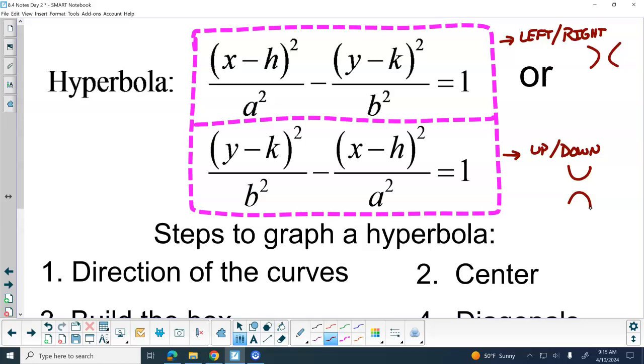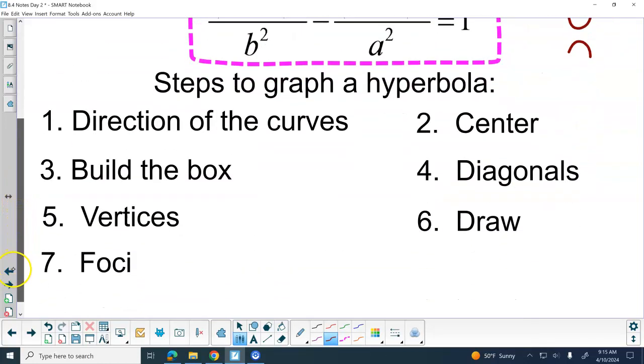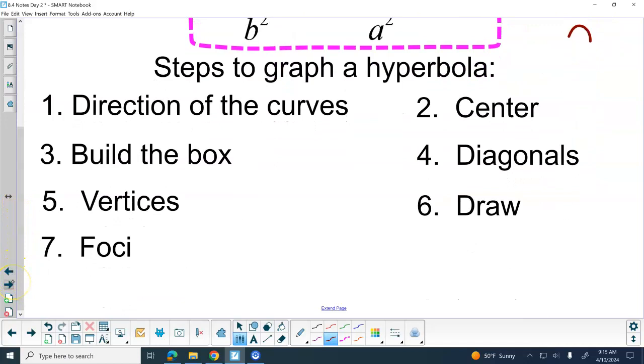Okay? So then we came up with 7 steps. The first one was the directions of the curve. So you have to look at what the equation is to determine if it's left, right, or if it's up, down.